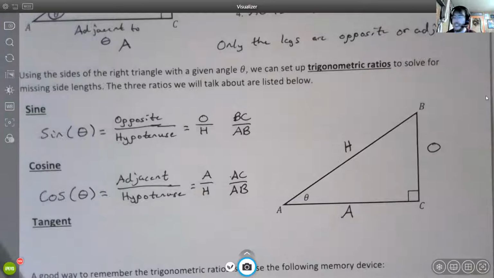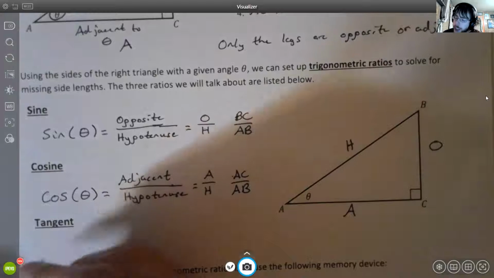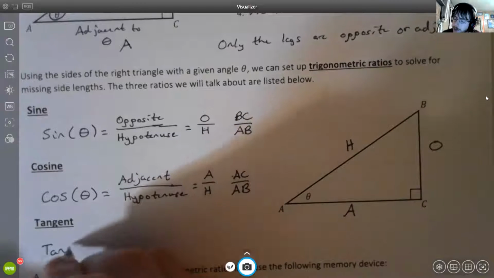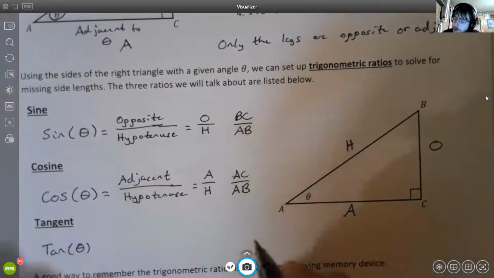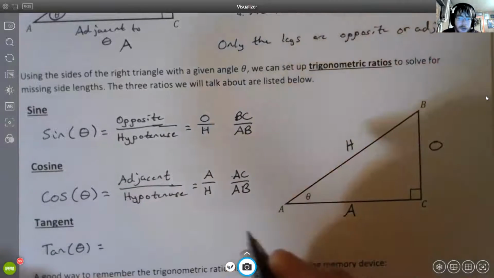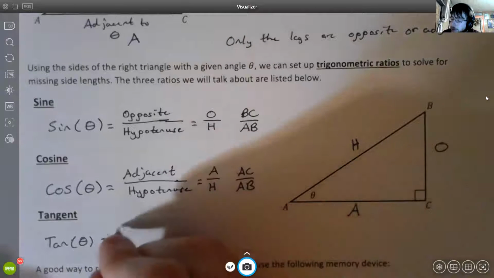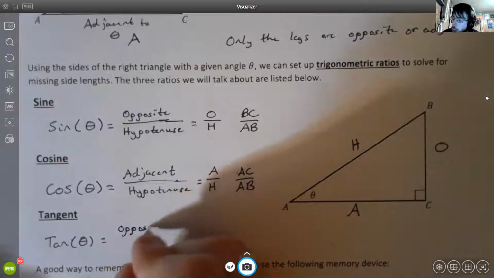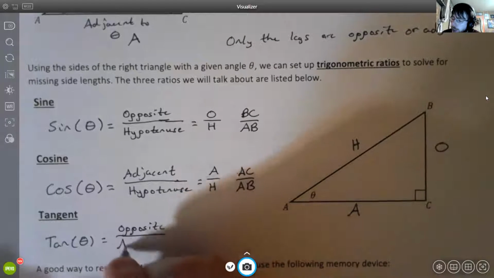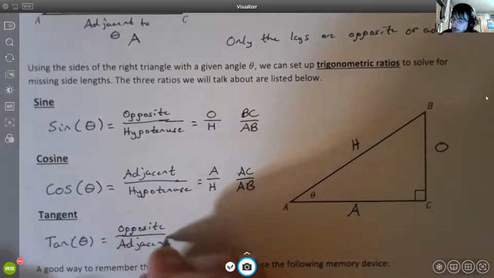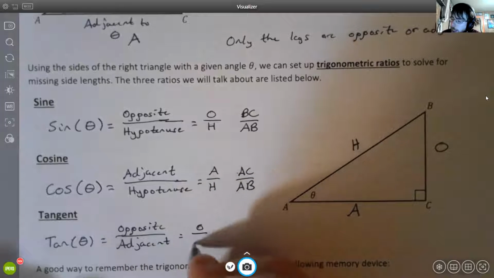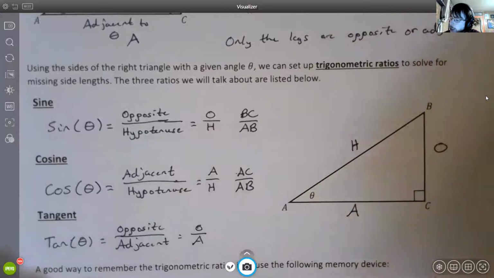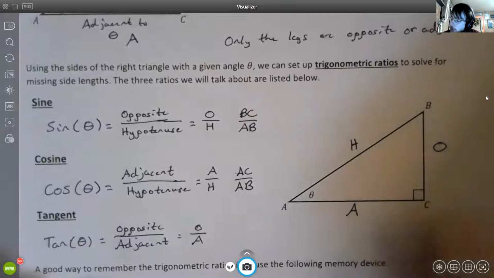And finally, our tangent. We write our tangent as TAN, parentheses theta, and that's equal to our opposite side over our adjacent side. So that's O over A, which in this case would be BC over AC.